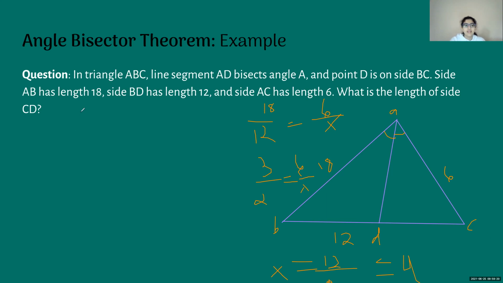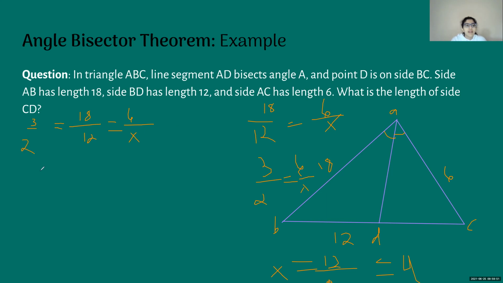So you set up the equation: 18 over 12, because AB over BD is 18 over 12, is equal to AC over CD, which is 6 over x, because just to make it shorter to write out, I named CD x. So 18 over 12, which is also equal to 3/2, is equal to 6 over x.